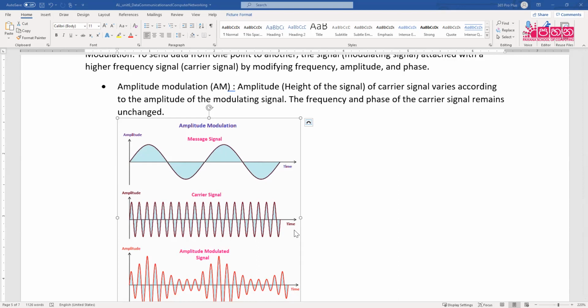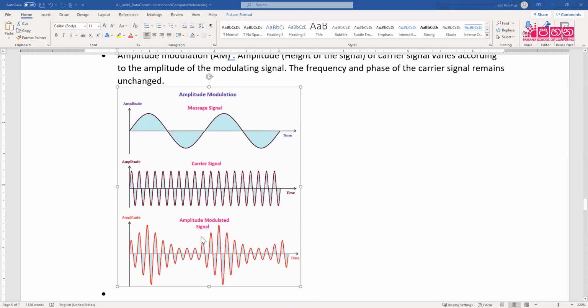So what will happen is you combine these two. The message signal, or the modulating signal, and the carrier: the heights of these two are combined together. The resulting signal looks like this.